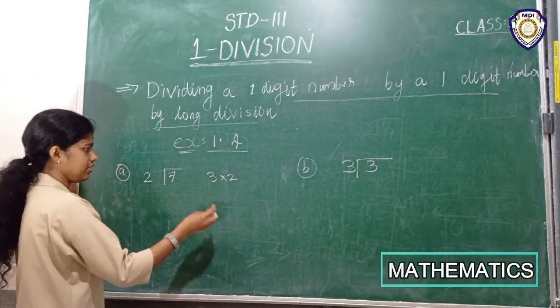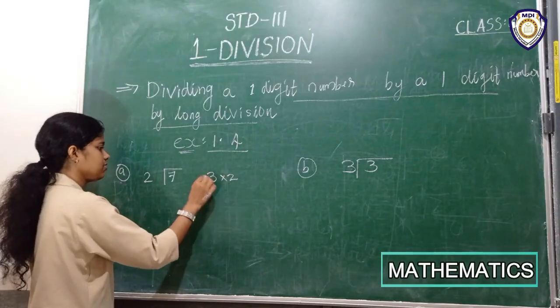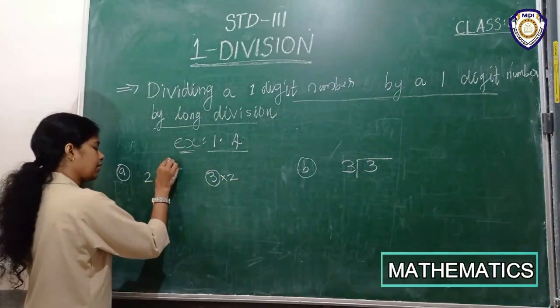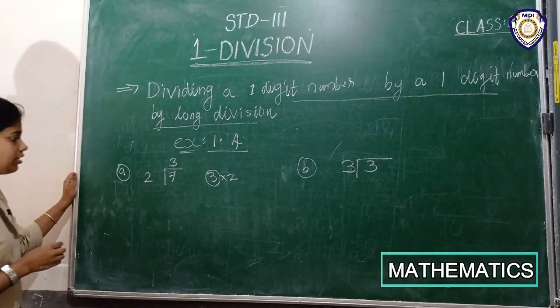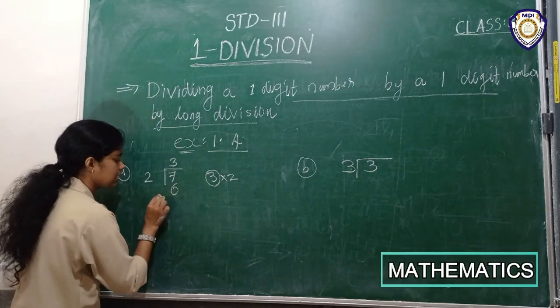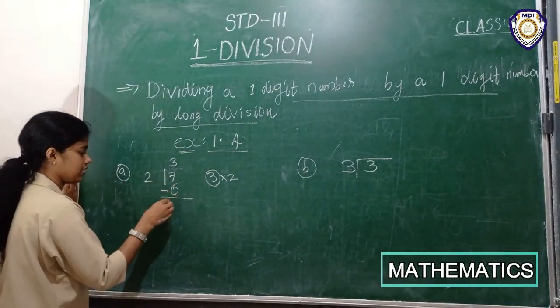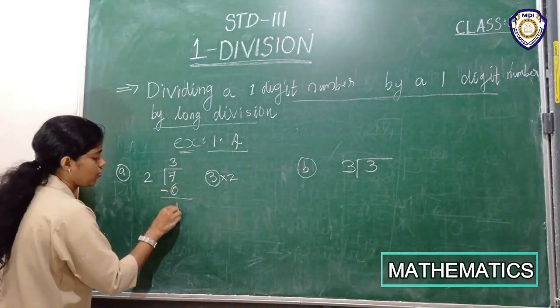How many times? 3 times. 3 twos are 6. We subtract 7 minus 6, 1.